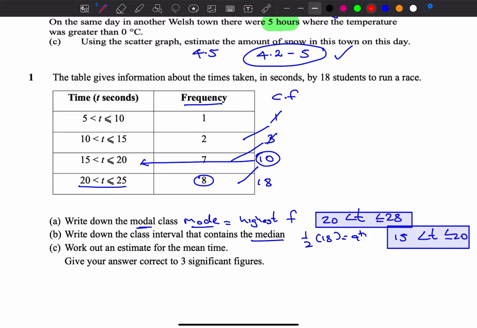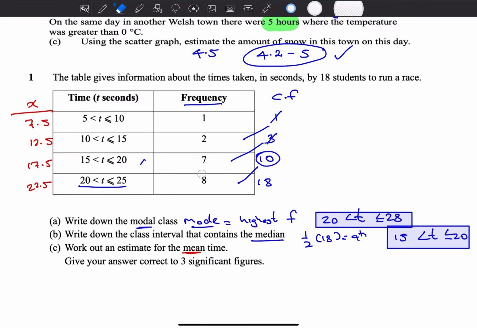But then they want the mean. So you need the midpoints: 7.5, 12.5, 17.5, 22.5. I'm going to get rid of these so you don't get confused. And you multiply them here.